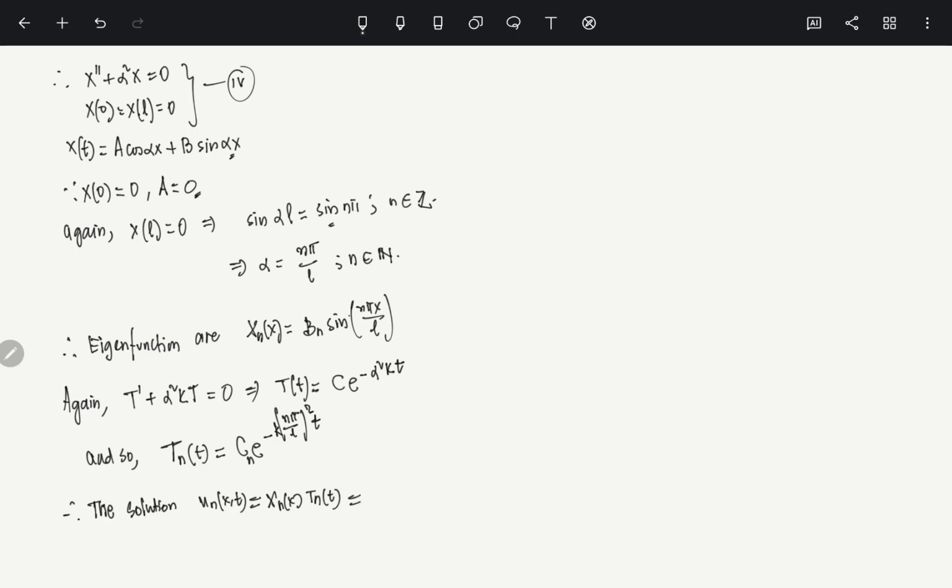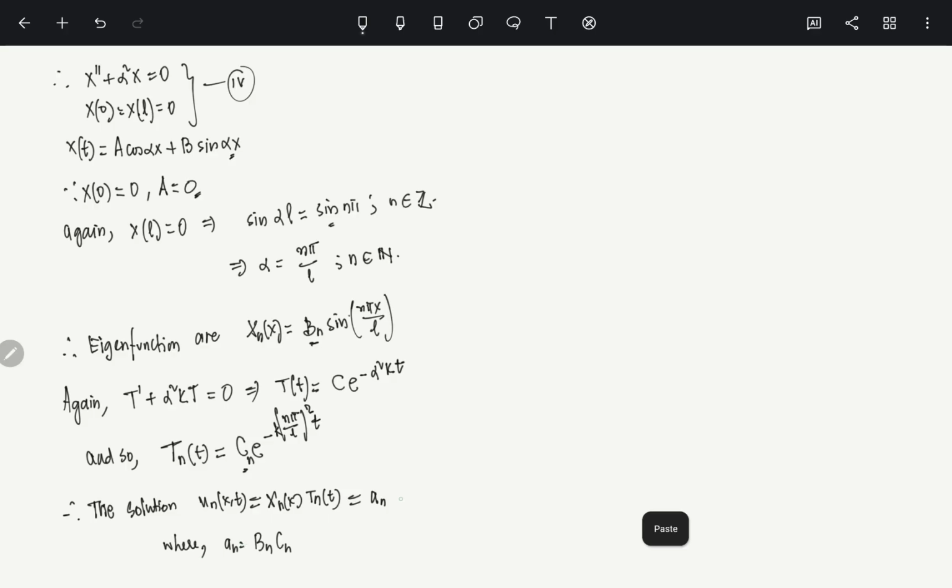X_n of x is some constant times sine, right? So I will just put it as a constant a_n. So you see, X_n is b_n times sine, and T_n is c_n times this. So b_n times c_n, I'm just writing it to be a_n.